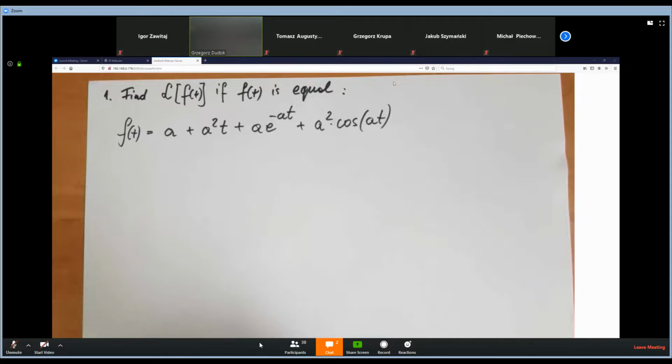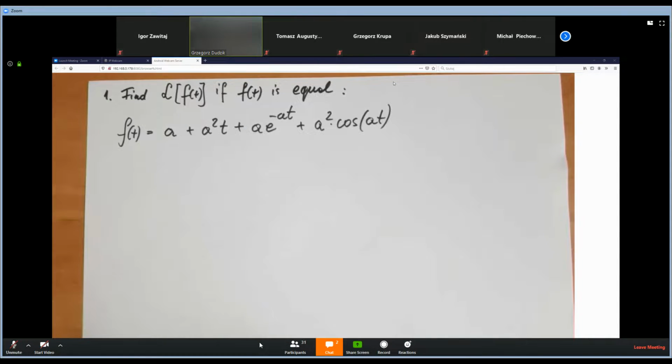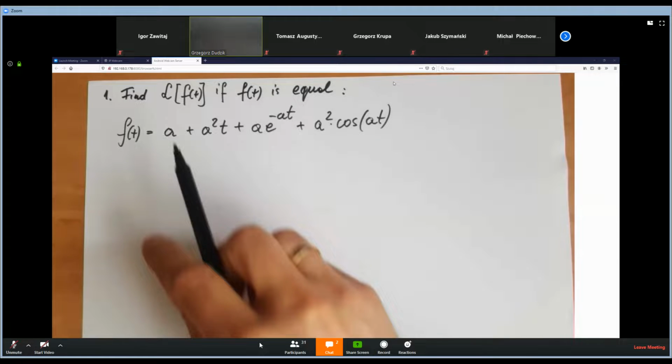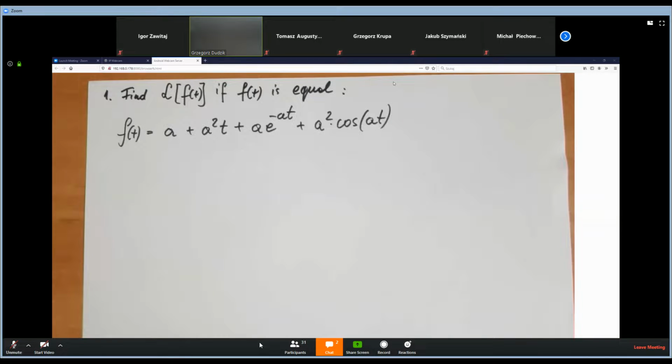First thing, you can see here that we have a sum of a few math components in the time domain: a, a squared t, a e to the power of minus at, and a squared times cosine omega t. So the first property of the Laplace transformation is that if we have a function which is equal to the sum of some components, the Laplace transform of the total function is equal to the sum of the Laplace transforms of each component.